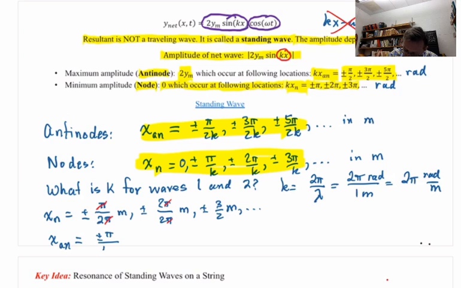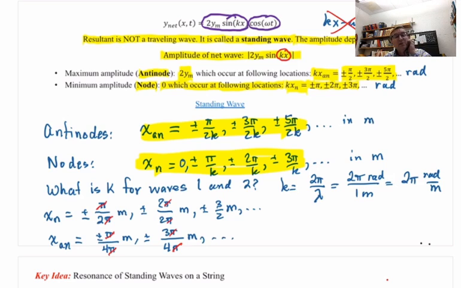So that's pi over 4 pi meters. So the pi's cancel, and that's 0.25, isn't it? Meters. The next one's plus or minus 3 pi over 2k meters. So 3 pi over 4 pi. So 3/4 of a meter, 0.75. And the pattern continues, dot, dot, dot.